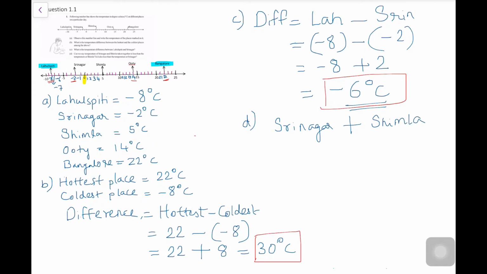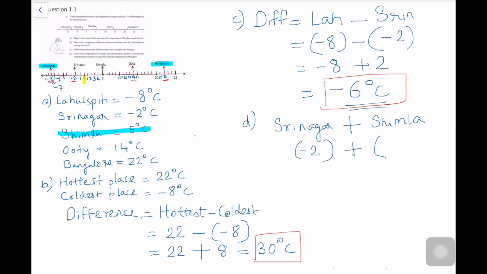The temperature of Srinagar is minus 2 degrees Celsius, as you can see here. So I'll write it down, minus 2 plus, what is the temperature of Shimla? The temperature of Shimla is minus 5 degrees Celsius.